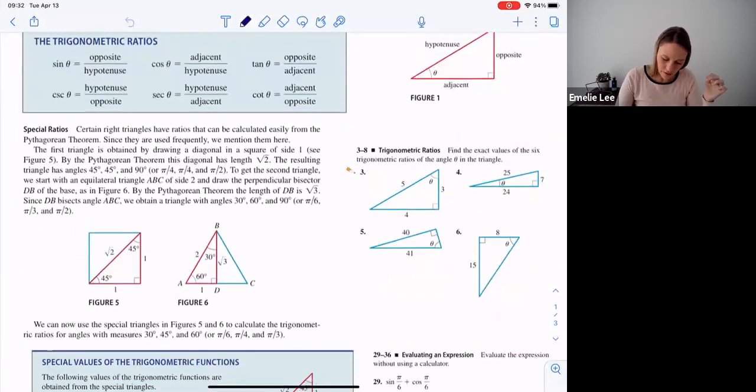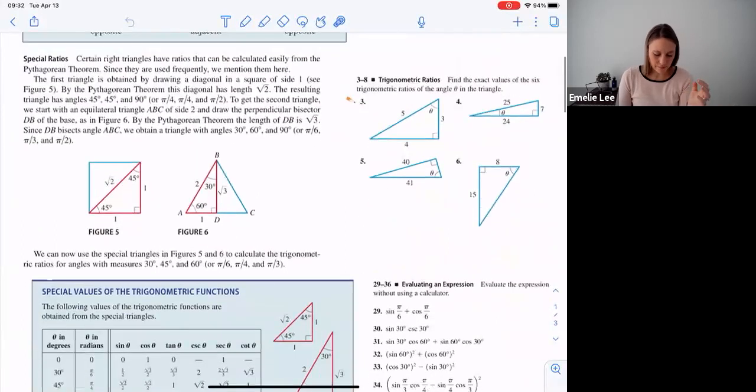Okay, so these angles are in terms of degrees, but if we think about our first quadrant of the unit circle in terms of degrees, we've got 90 degrees, and so halfway would be 45 degrees, and then a third of the way would be 30 degrees, and then 2/3 of the way through we're at 60 degrees.